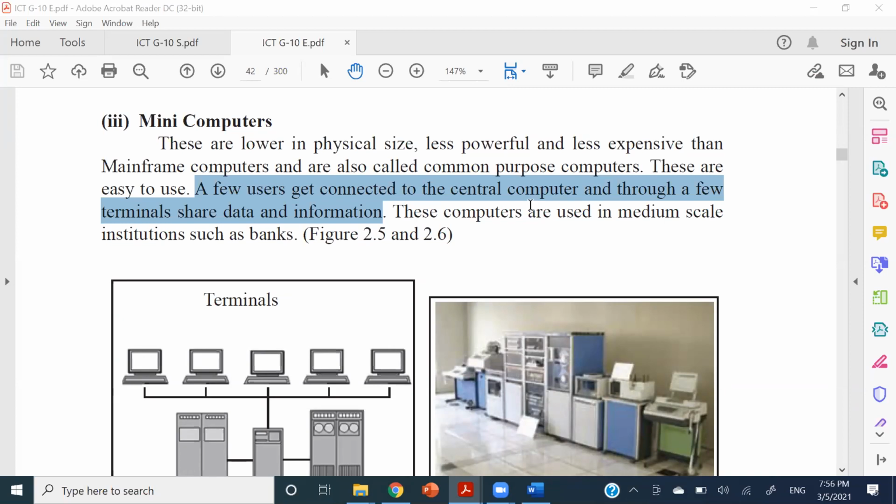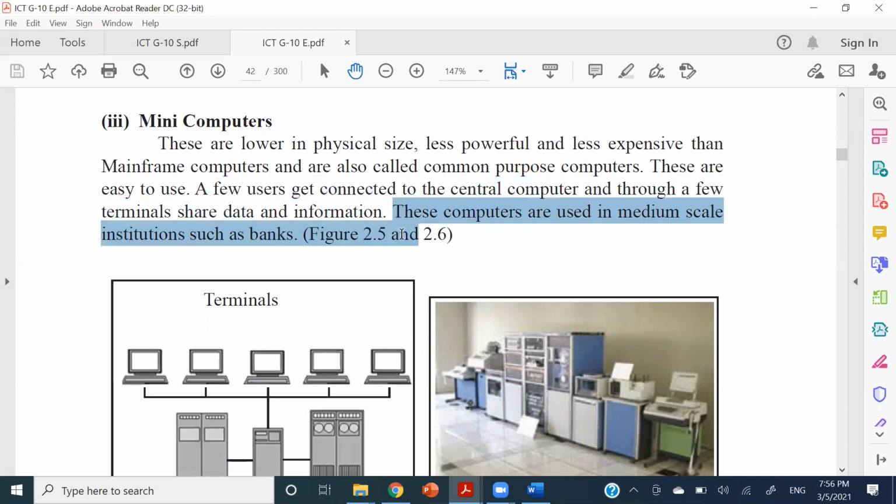Right. And the last point, it's better you write this as well: these computers are used in medium scale institutions such as banks, as an example.